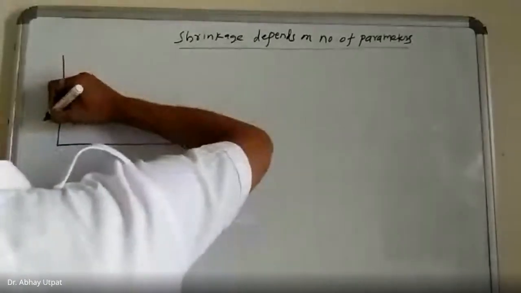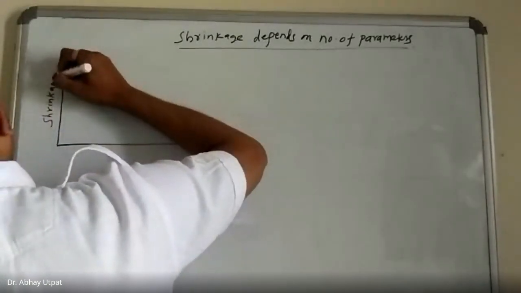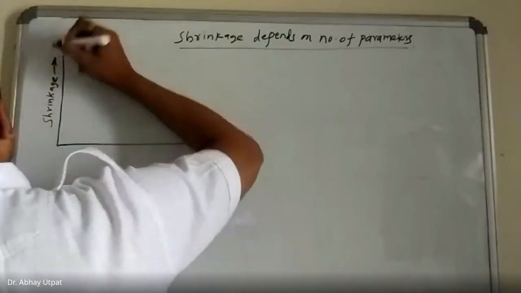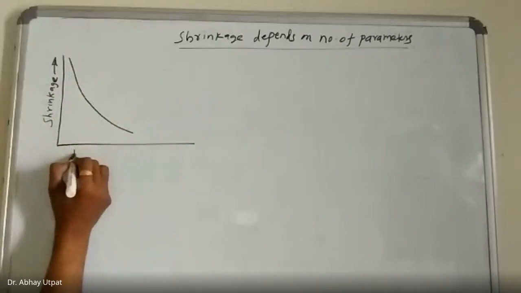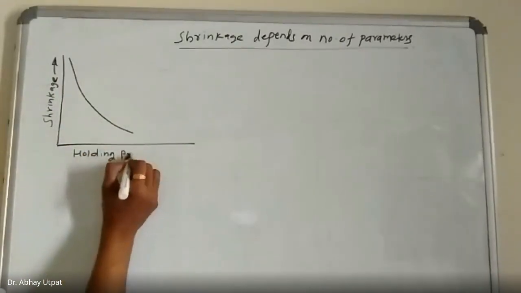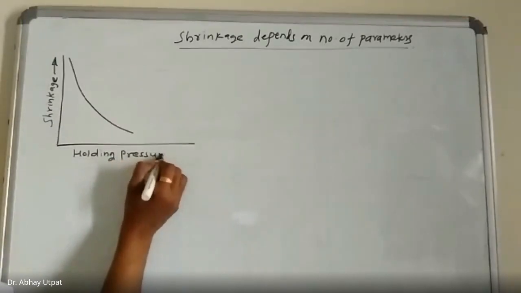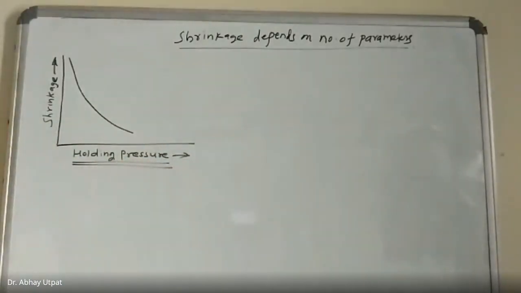Here I will write shrinkage. I will make double underline to the name of the parameter. First parameter is holding pressure.